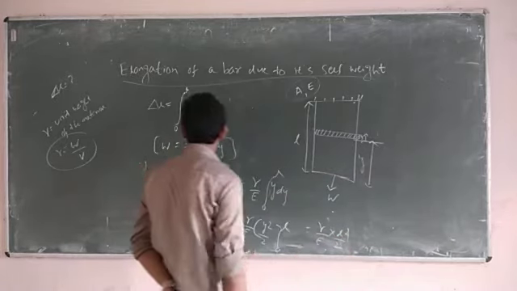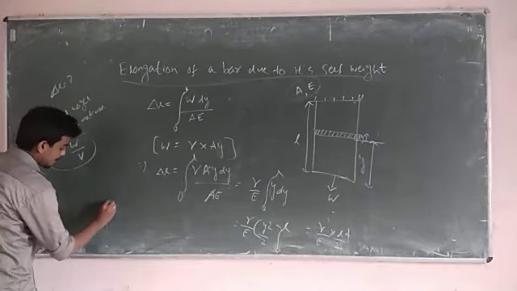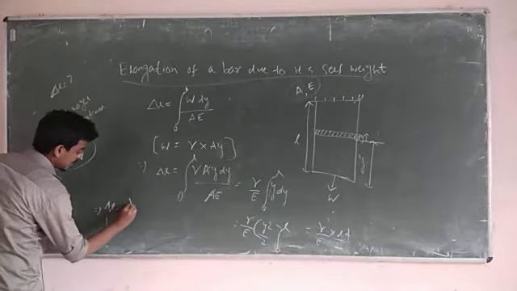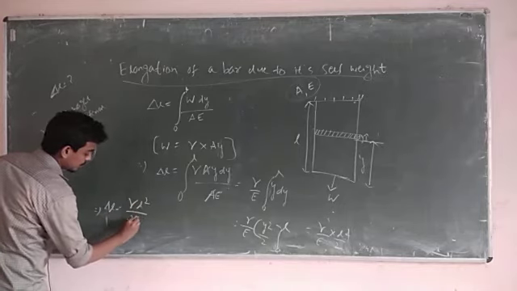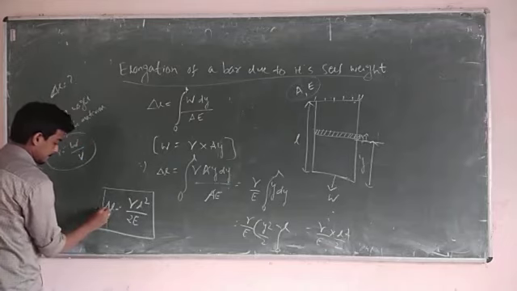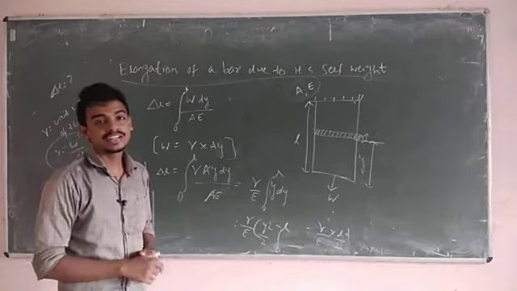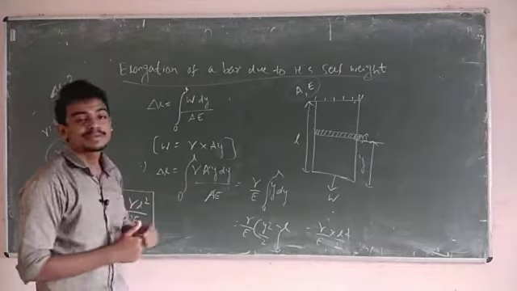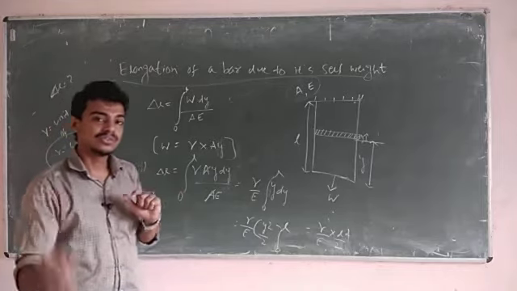Now we got the answer, and delta L will be gamma L square by 2E. This is our elongation formula for a prismatic bar due to its self weight.